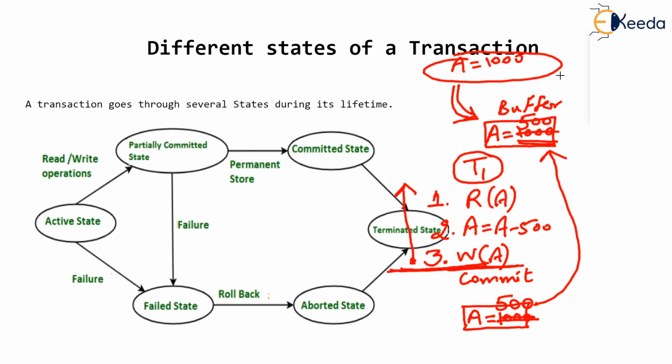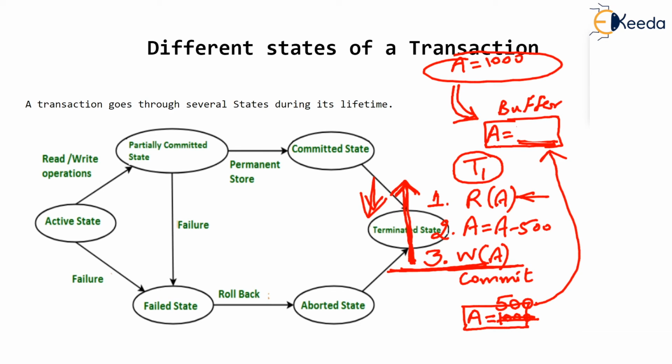Now, if you roll back, what was the original value of A read by the transaction? It was 1000, isn't it? The value of A read the first time before it failed was 1000, and then A became 500 in the local buffer. So if the transaction is rolled back and allowed to run again, yes, of course, because last time it failed, it has to run again from the beginning.